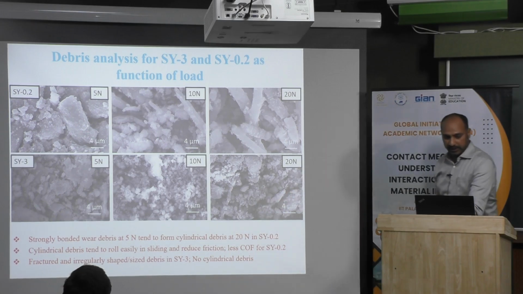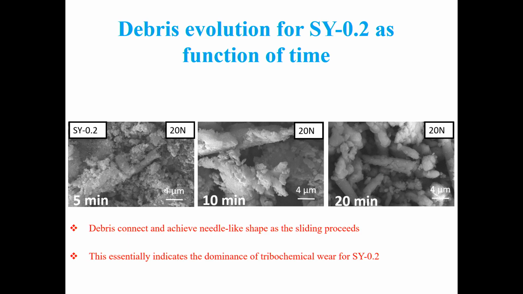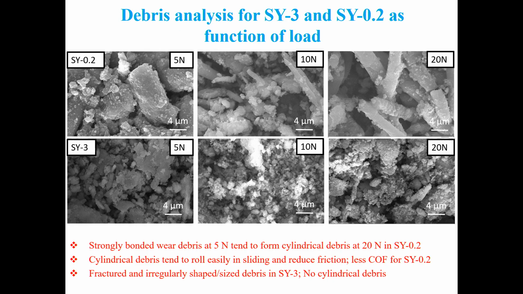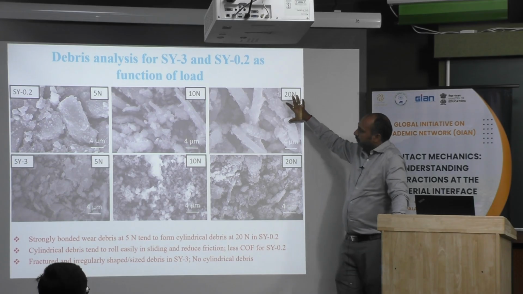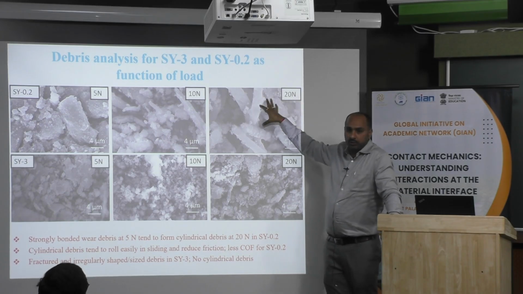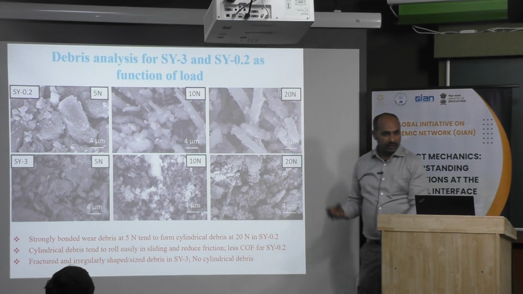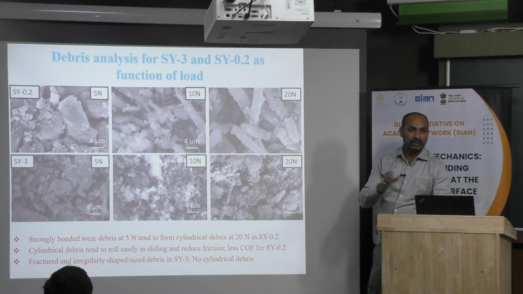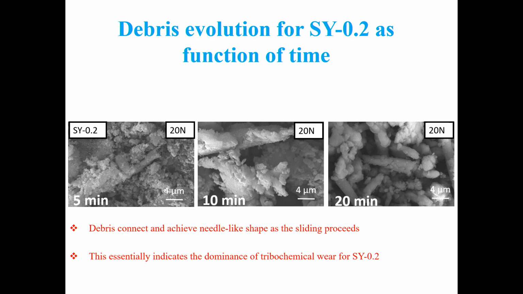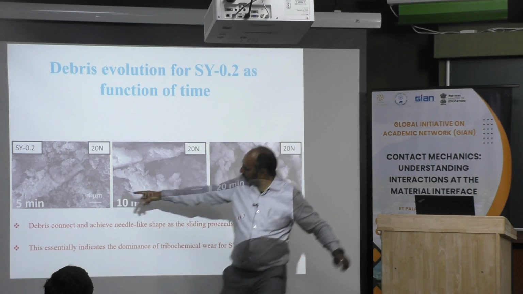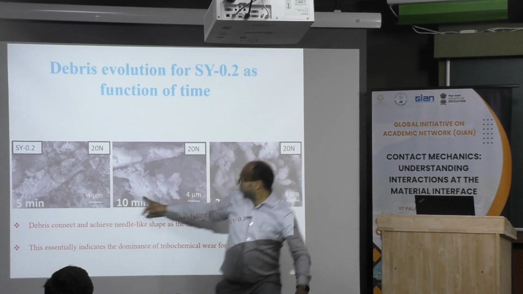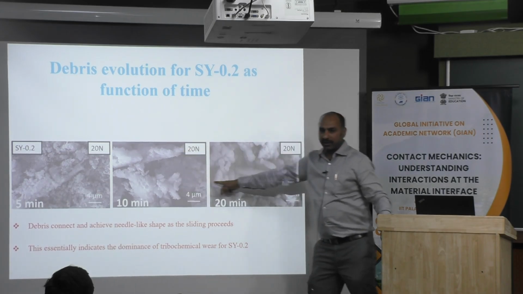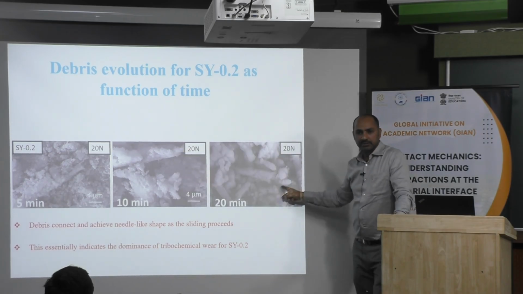At the same time, if you go with time, this cylindrical debris is forming for the run of 20 minutes. So it is forming for 0.2% yttria with SiC, which we performed with time. What we got here with time is that initially very fine debris is forming, which gets connected with time, and ultimately it forms cylindrical debris.